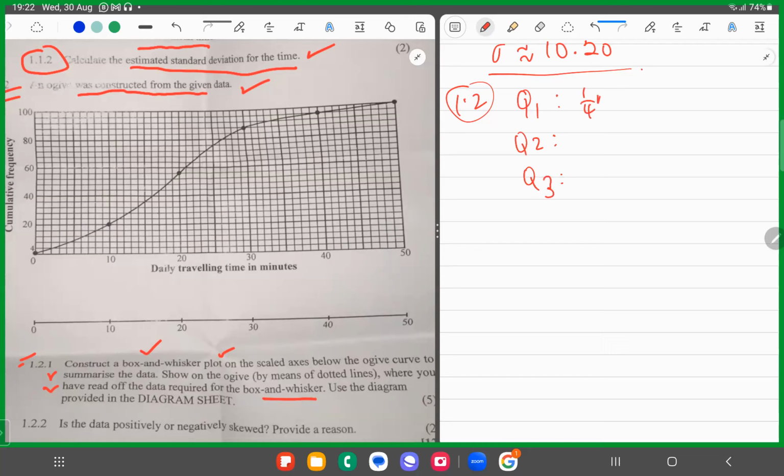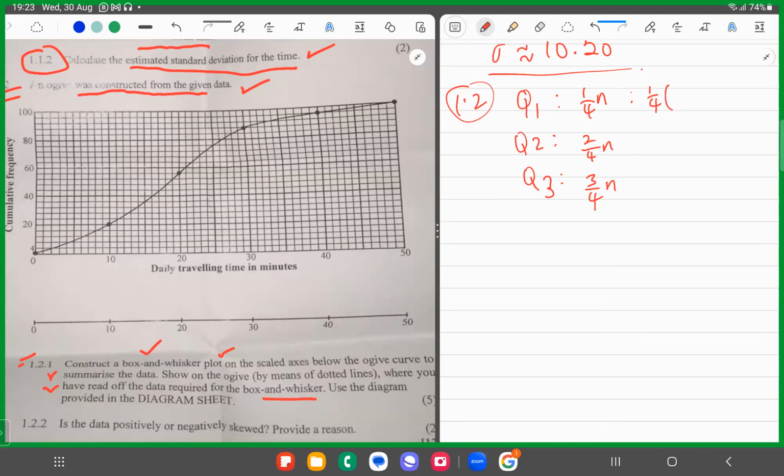This one is a quarter of n, this one is 2/4 of n, and this one is 3/4 of n. So in which case, this one will be a quarter of the total frequency.